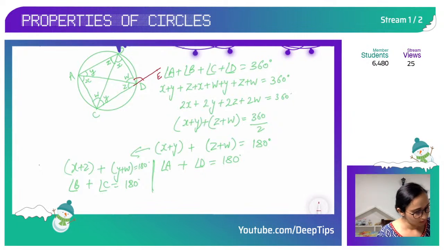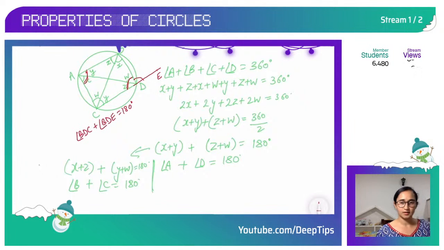Children, as we can see, angle BDC plus angle BDE will be equal to 180 degrees. Correct? And we know that this plus this is 180. So if this angle and this angle are equal to 180, that means this angle BDE should be equal to angle A, correct?